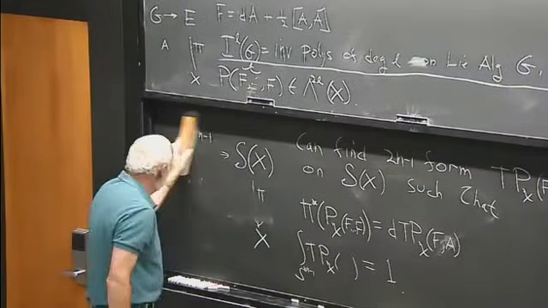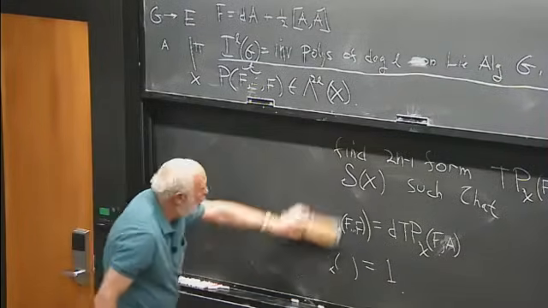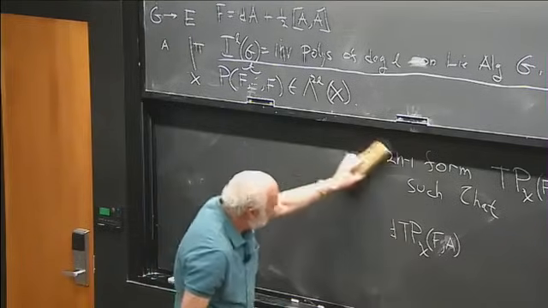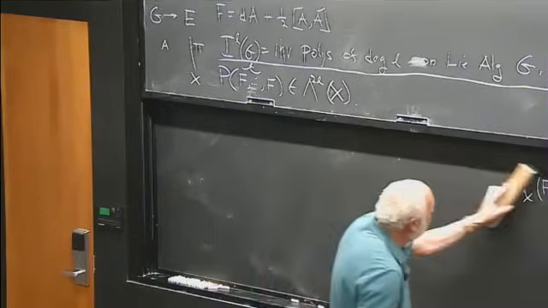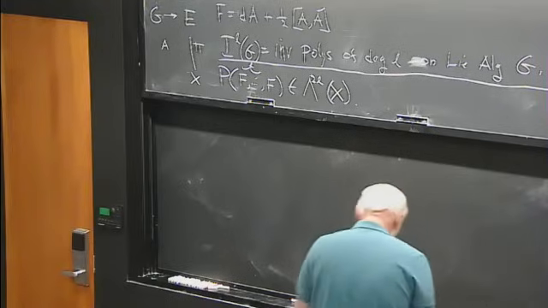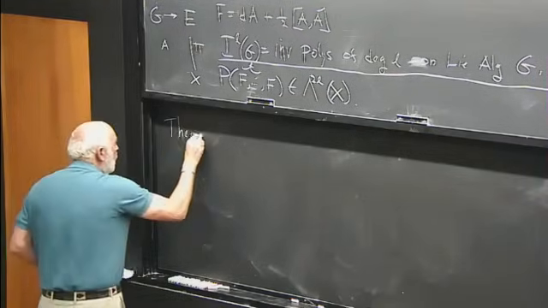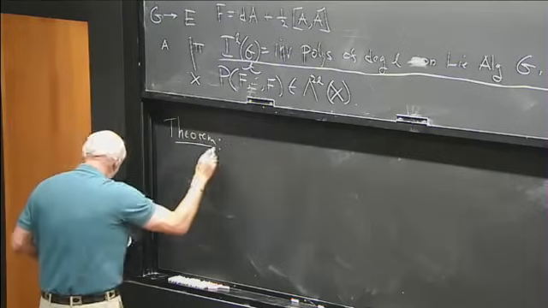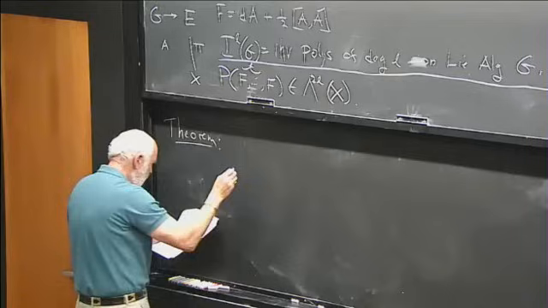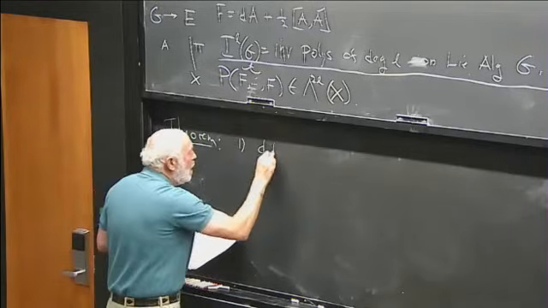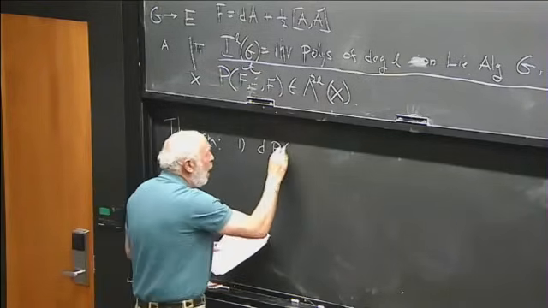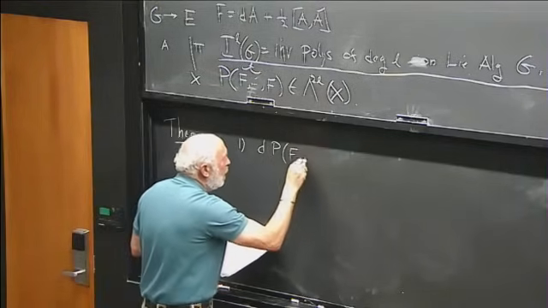Now, the Chern-Weil theorem, homomorphism, says that, this is a theorem, it says, 1, that dP of F is 0.